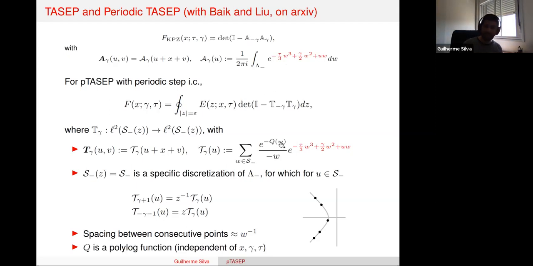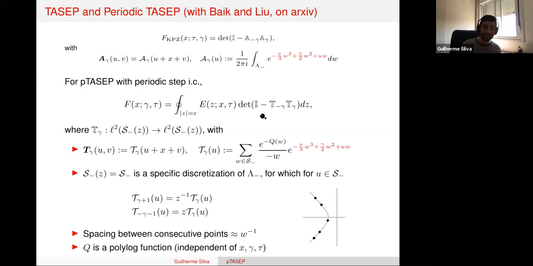At this stage, we don't have an interpretation for this Q. It is what it is, but it's independent of any parameters. It appears in the analysis, this polylog function. But I guess the important part is it's really independent of X, gamma, and tau, which are the physical parameters, right?